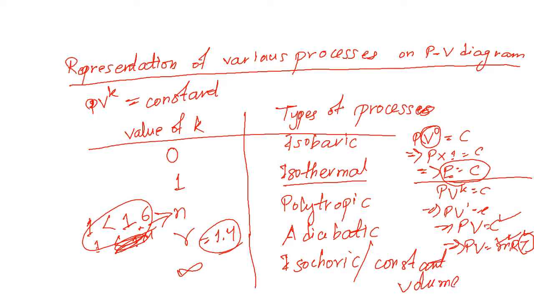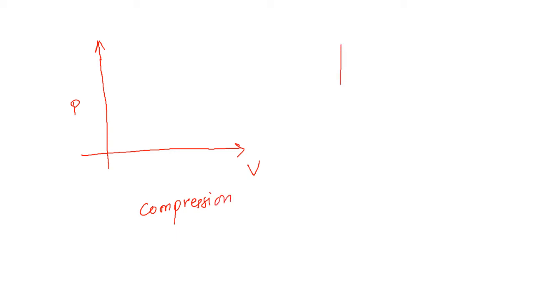How do we draw this in the diagram? Let's consider one process for compression and another for expansion. Compression means volume decreases. From this zero point, in this direction volume increases.